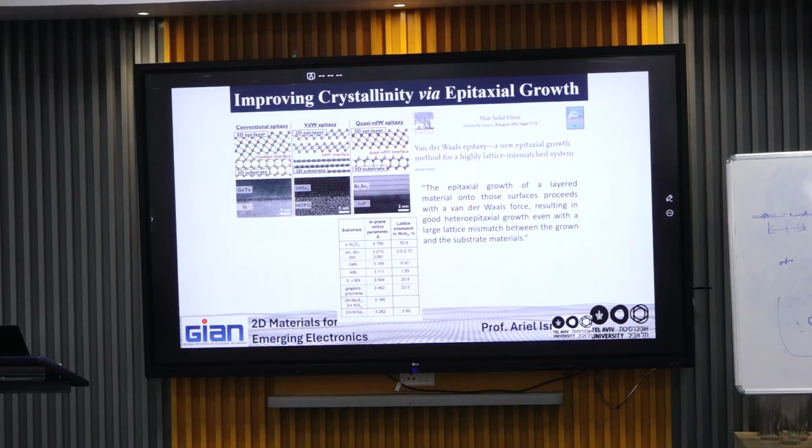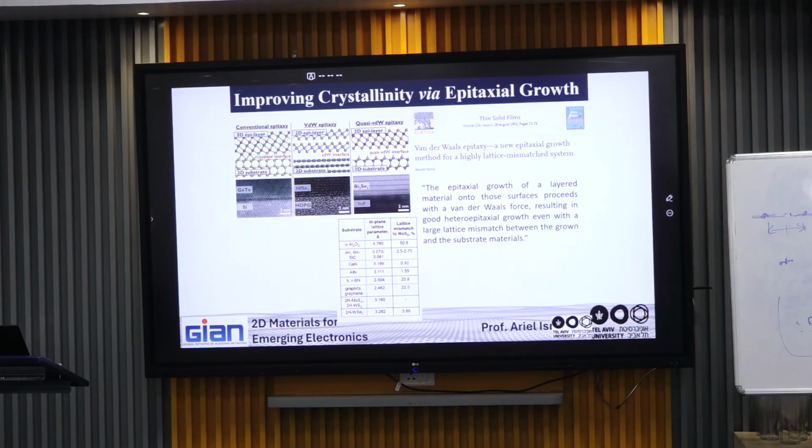Now, when we talk about a conventional epitaxial growth, like we discussed the last session, from, let's say, 3D crystal on 3D, you have a bonding between the substrate and the epilayer. You have covalent, metallic, ionic materials, but strong bonding between the layer and the substrate.